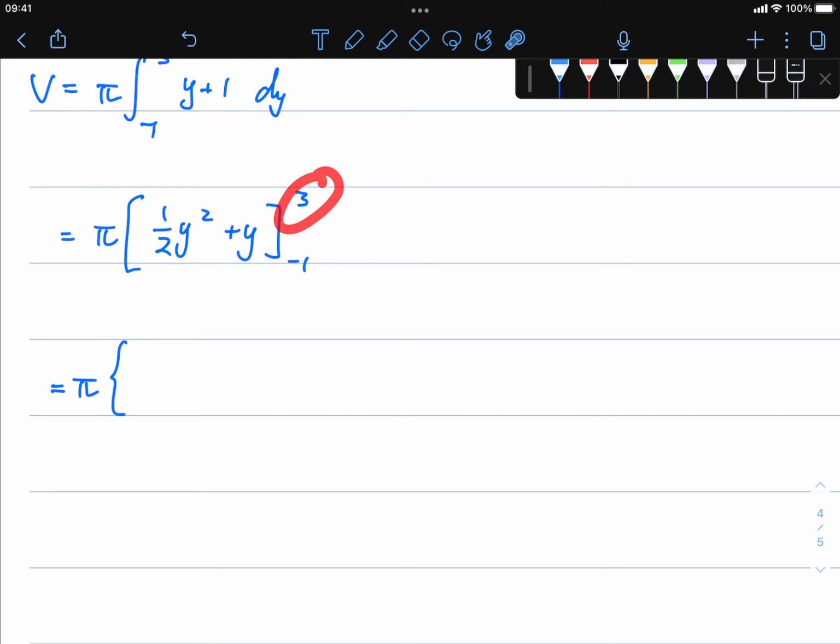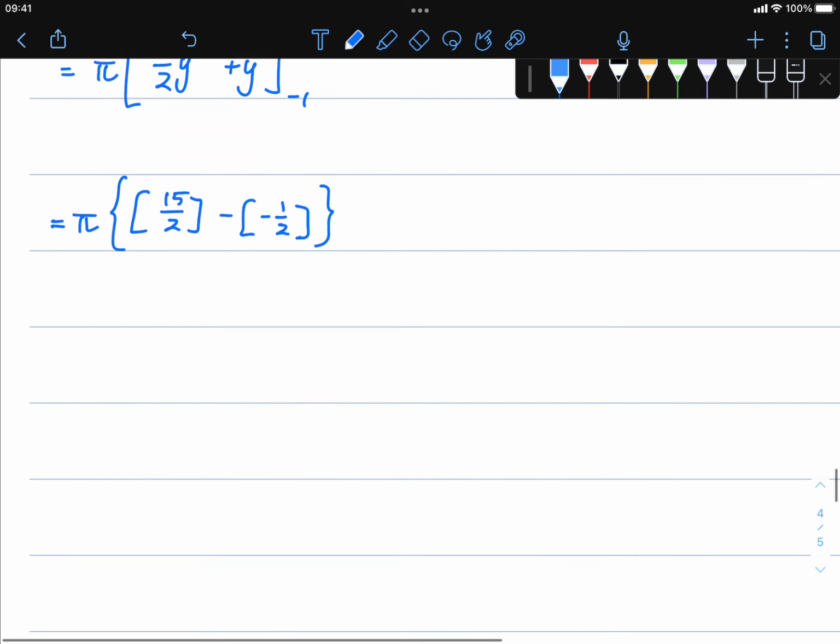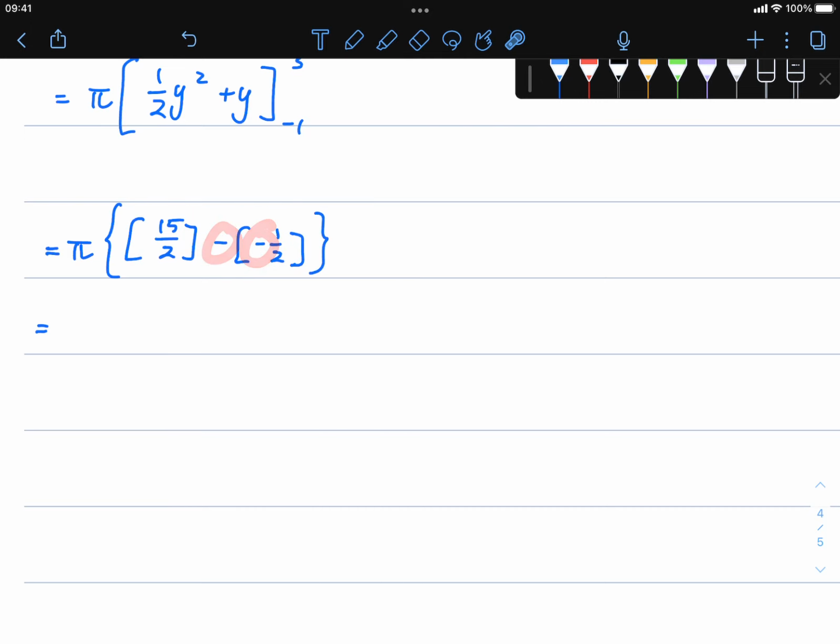Substituting 3, 3 squared is 9, so 9 on 2 plus 3, we get 15 on 2, minus half times -1 squared plus -1, we get negative half. Adding all this, we get minus minus, so it's plus a half. That's 16 on 2, which is 8 pi units cubed.